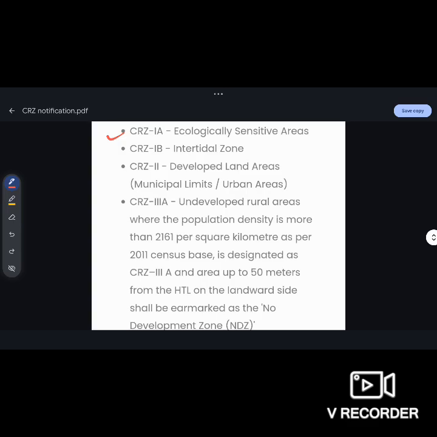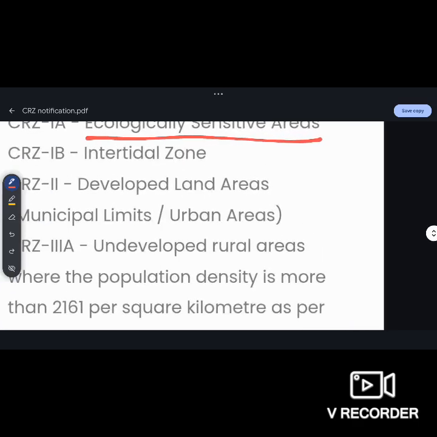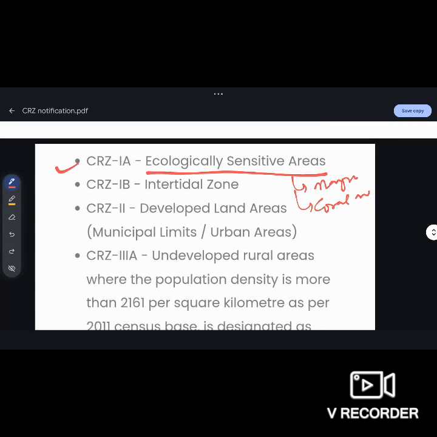Under CRZ 1A, all the sensitive coastal areas come under this category, those areas which are ecologically sensitive, like mangroves, patches, and coral areas.